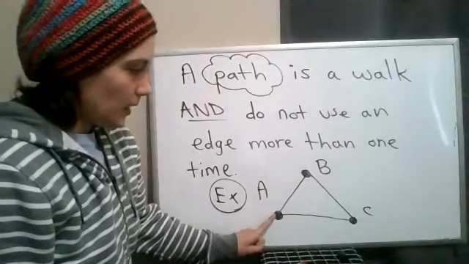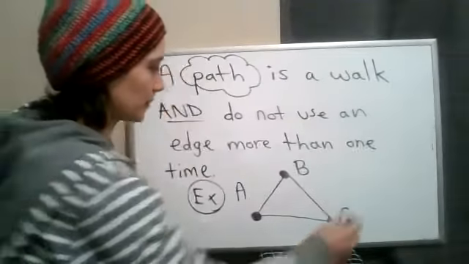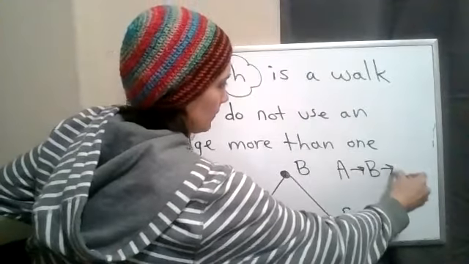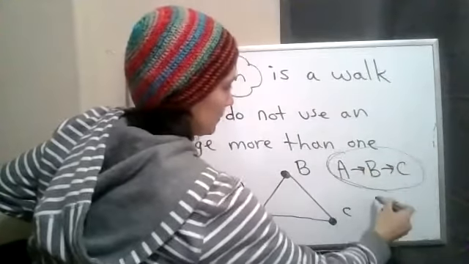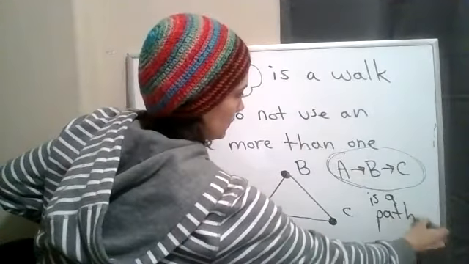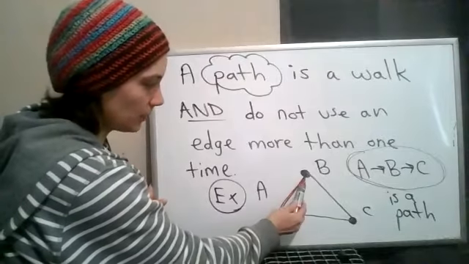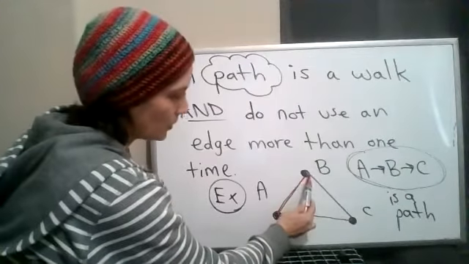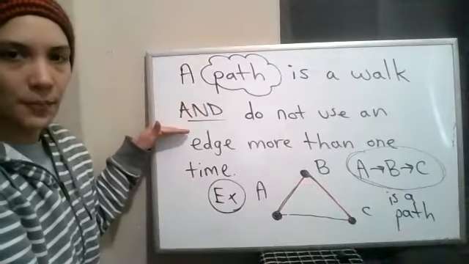Okay, ABC is a path. You go over this edge just one time, and the next, those vertices are next to each other. And you go over that edge only once, and so everything's cool with the definition.